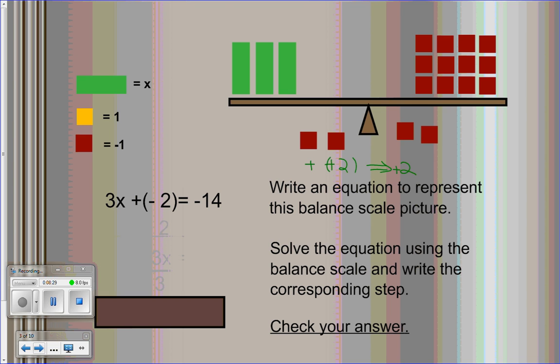So I want you to realize that even though we're subtracting a negative 2, when we write it, we actually write it as plus 2, adding 2. It's the inverse operation.